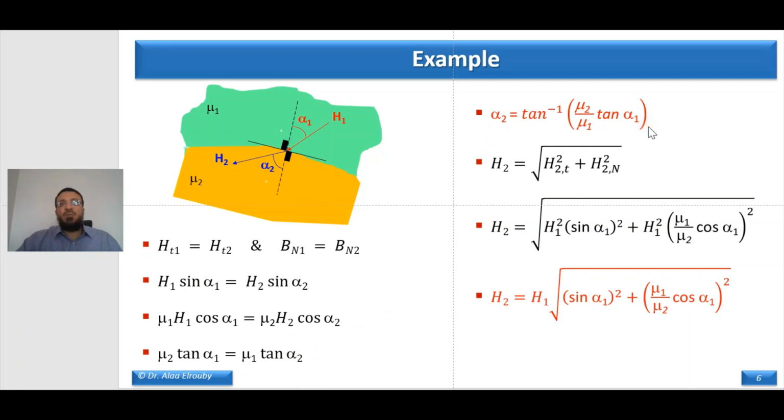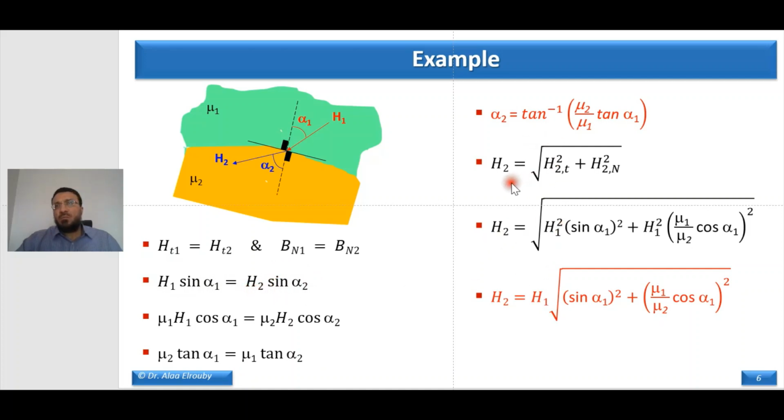Once we have alpha 2, we can substitute in any of those two equations. This equation is easier. Now alpha 2 is known, H1 is known, alpha 1 is known, so the left side is known, sine alpha 2 is known, so we can find H2.